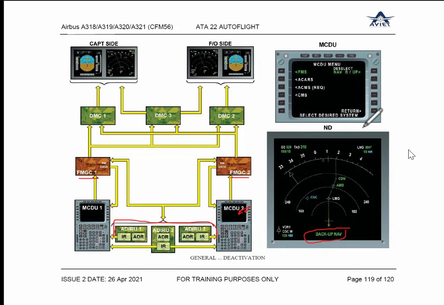So manual flying means he still uses the FCU, right? In this manual flying mode, FMGC is out.